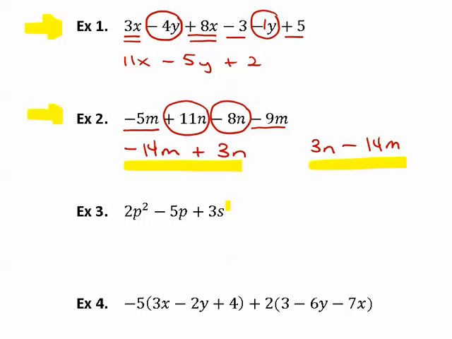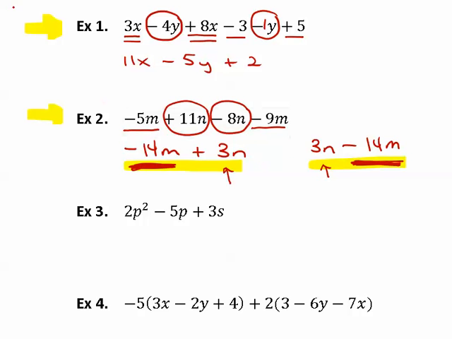Because we talked about the commutative property of addition before, so the order of the terms doesn't matter as long as the signs are the same. So when we're looking at the 14m, for example, it's not just a 14m in the first algebraic expression, it's a negative 14m, and likewise in the second expression it's also a negative 14m. And the three n's are both positive in both methods of writing the answer.